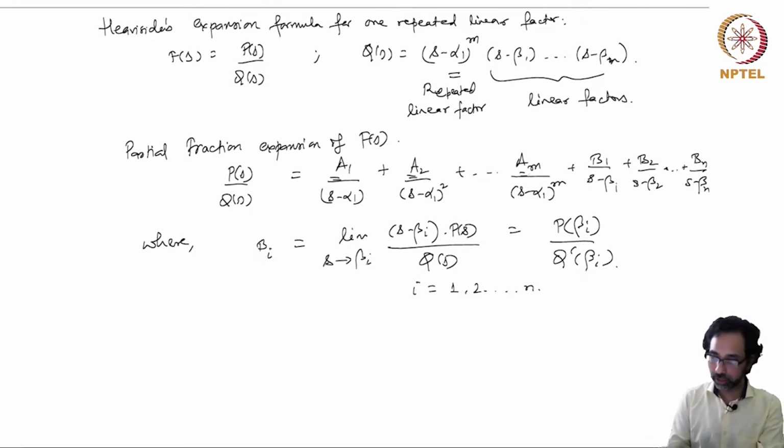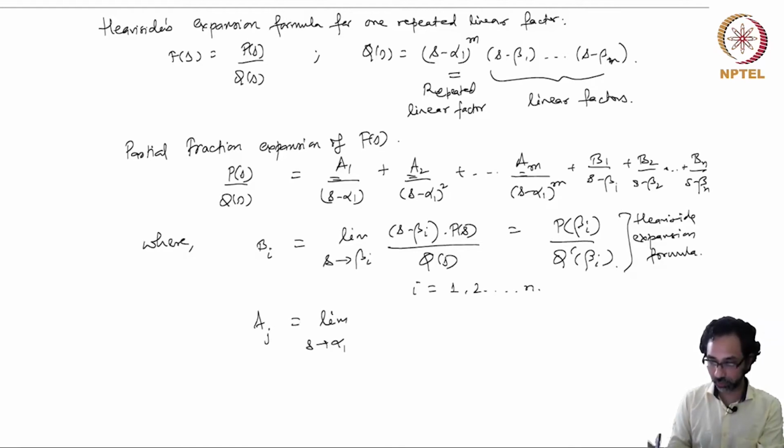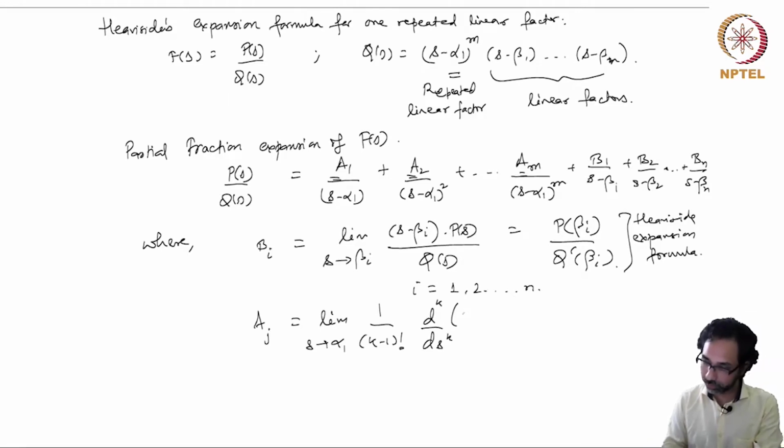So the question is, what are A1, A2 and Am? This we know from the earlier Heaviside expansion formula. Now Heaviside's expansion formula for a repeated linear factor is given by the limit as s goes to alpha 1 of 1 over (m minus k) factorial, the derivative, the kth derivative d^k/ds^k of (s minus alpha 1) to the power m times F(s).